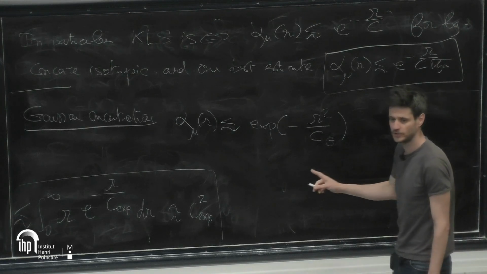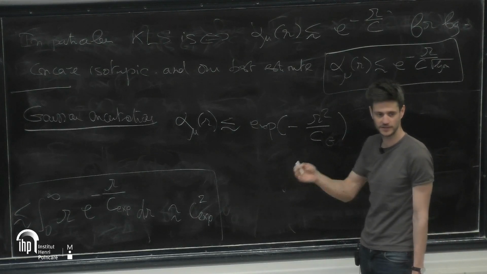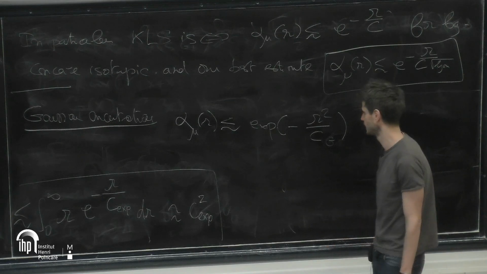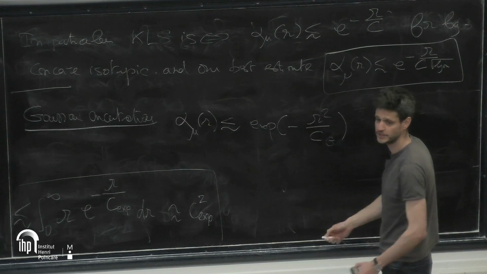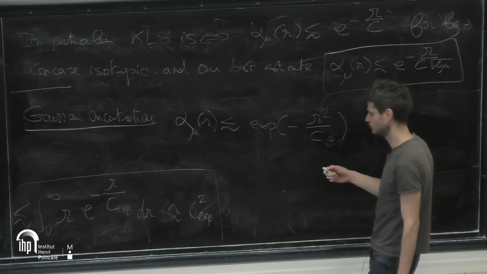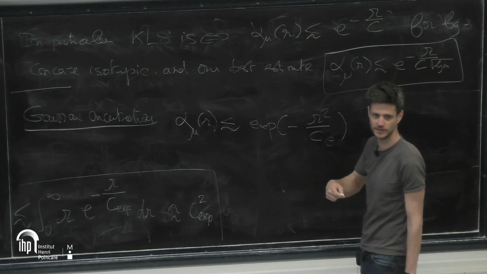Not every log concave measure satisfies this; just think of the exponential measure. But again, like for Poincaré and many things, in the uniformly log concave case, we know that.